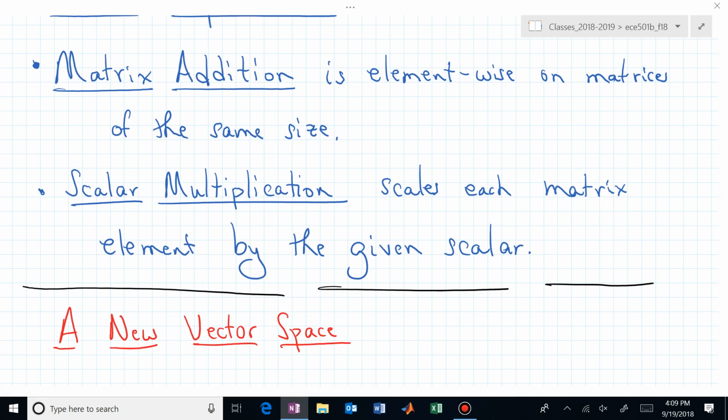Those two operations taken together allow us to create a new vector space. And that's what I'm going to start writing on now.